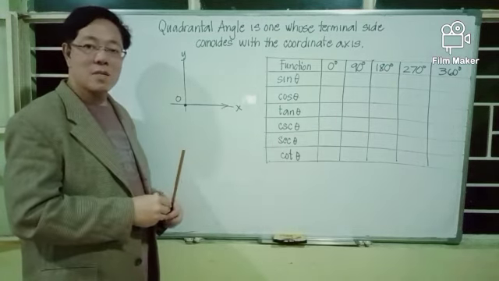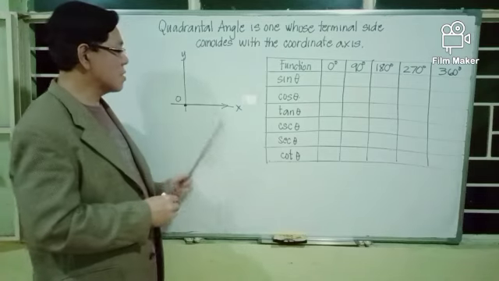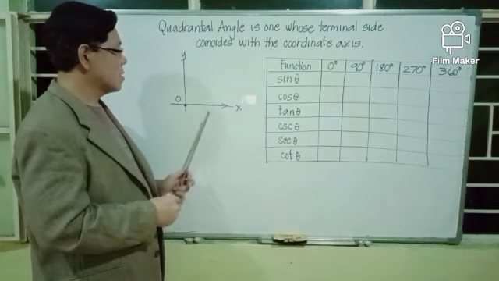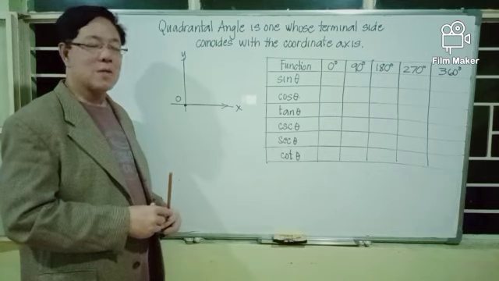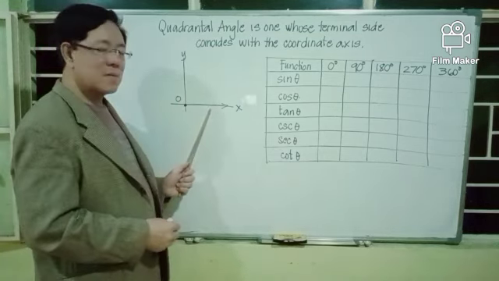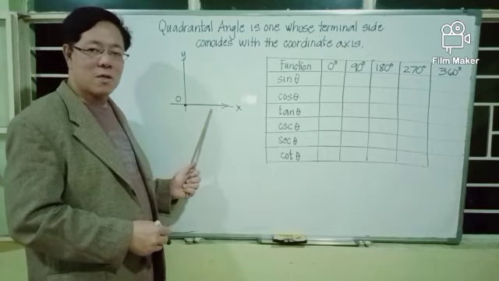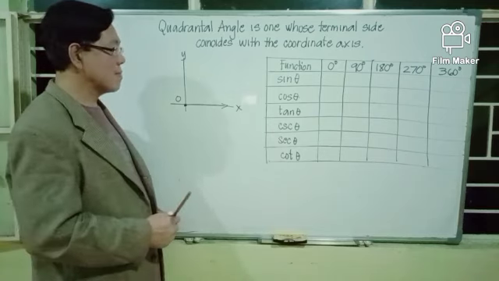But since the angle is 0, the terminal side will coincide with the positive x-axis. This angle represents 0 degrees, and 0 degrees is a quadrantal angle because its terminal side coincides with its initial side, or the positive side of the x-axis.